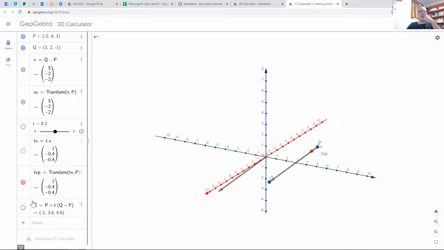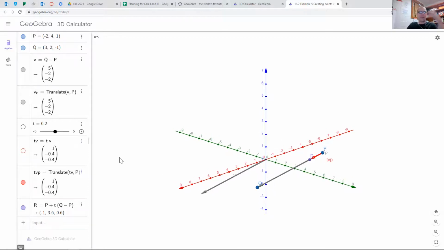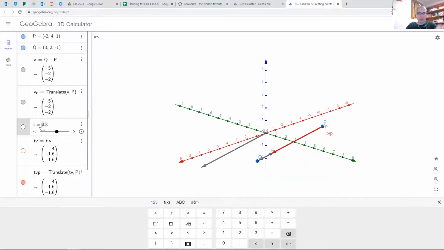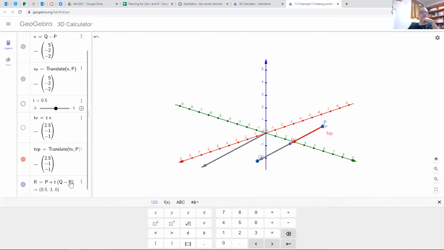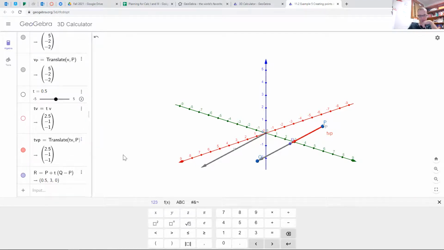So if we want to find the coordinates of the point at the end of here, it should work out. If we make this 0.5, we hopefully get something very different than what I wrote on the other page. Oh, what did I do? No. Oh, we're good. We're down here.